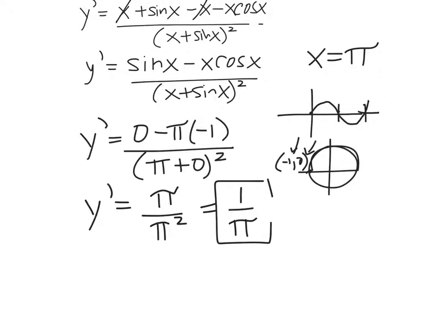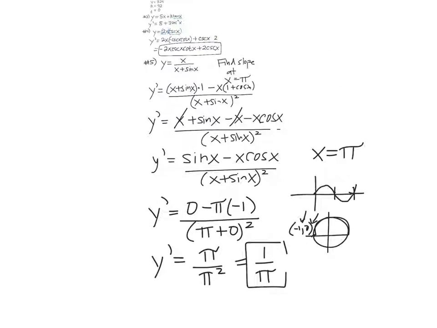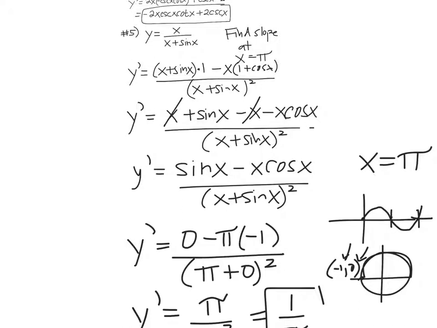Let's see if nDeriv works. Are you wondering if nDeriv works on that? That involves a calculator. Go to Math 8, and let's do the derivative of x divided by parentheses x plus sine x, close the parentheses, at x equals pi.